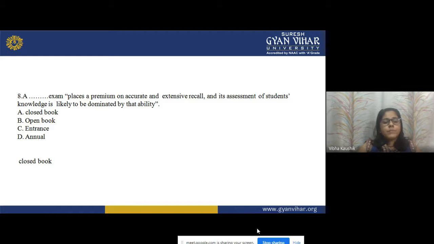Now the options are A. Closed book exam, B. Open book exam, C. The entrance exam, or D. Annual exam. So you have to select the correct answer from the given choices, and the correct answer is option A, that is closed book. Closed book exams are those exams that give importance to how you accurately and extensively recall the information that you already have.